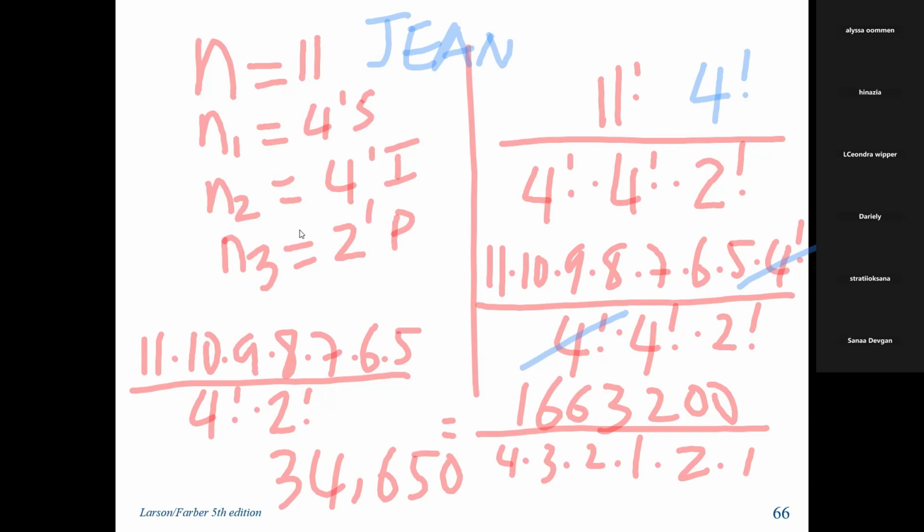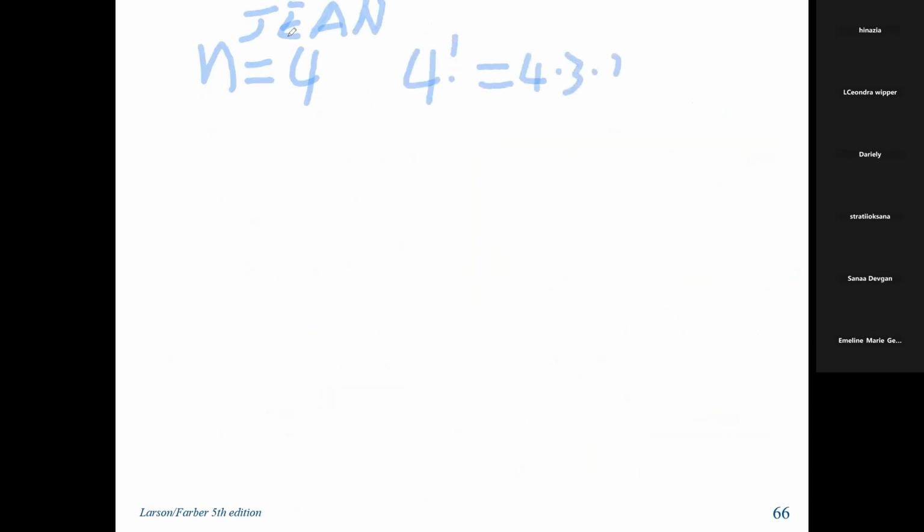Let me show you here, Jean. So that would be 4 factorial. 4 factorial is 4 times 3 times 2 times 1.